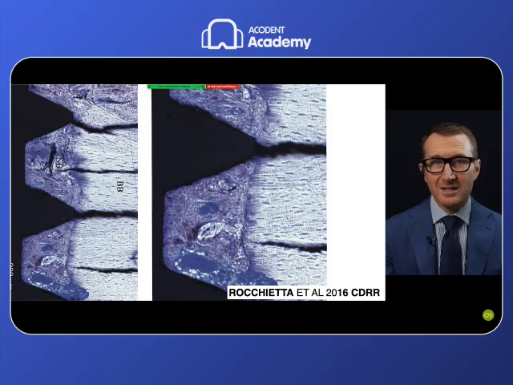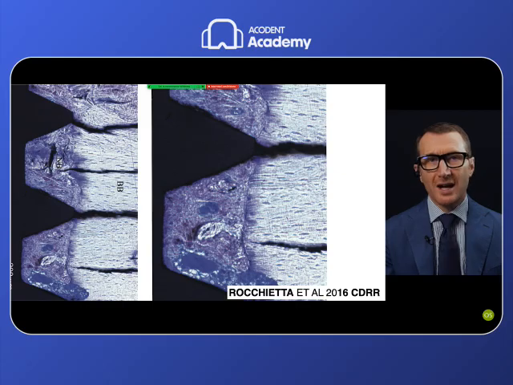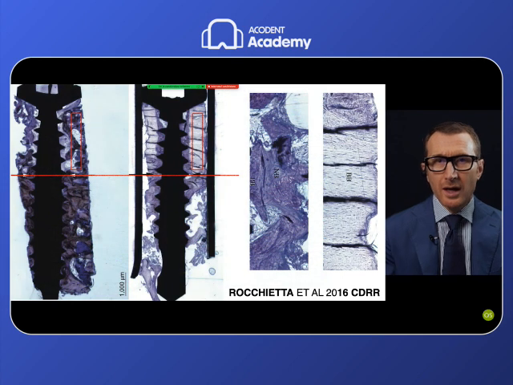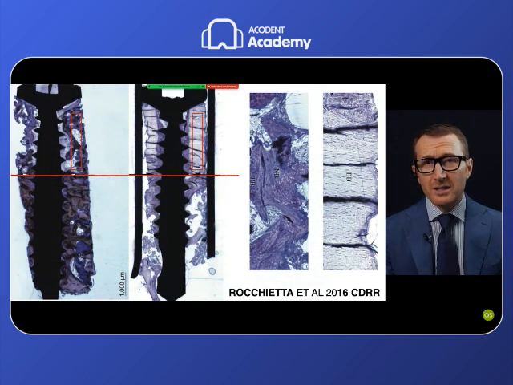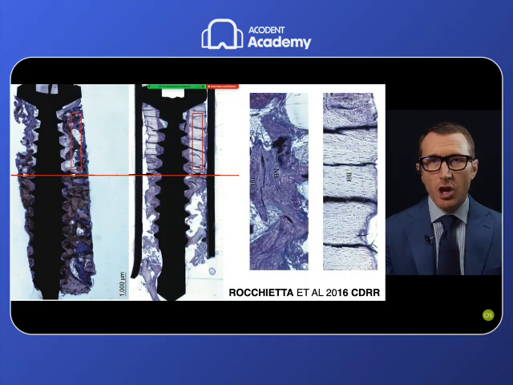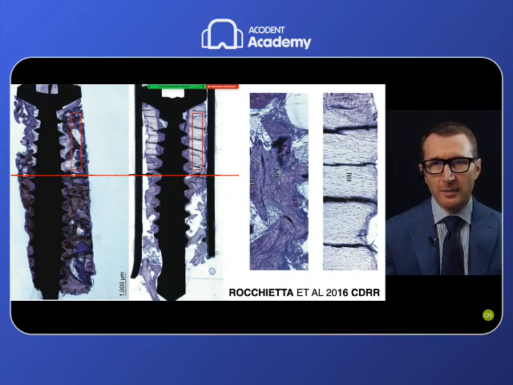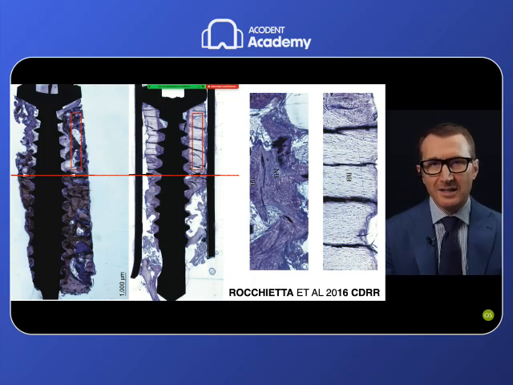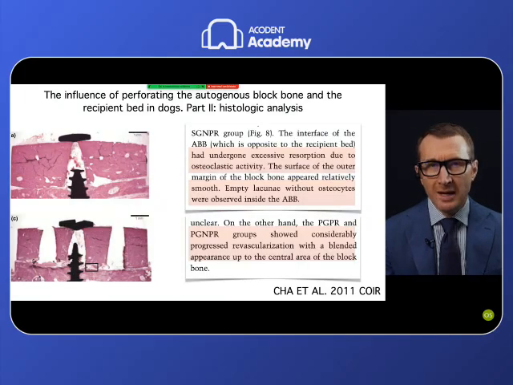So this is mineralized tissue, but with zero vitality, and the new bone will form just in the empty space left by the preparation of the hole for inserting the osteosynthesis screw. And if you look at the particulated material, you see a lot of bone formation in the particles area because we have empty spaces. So in this paper, we again see the enormous effect of the macroarchitecture on the new bone formation.